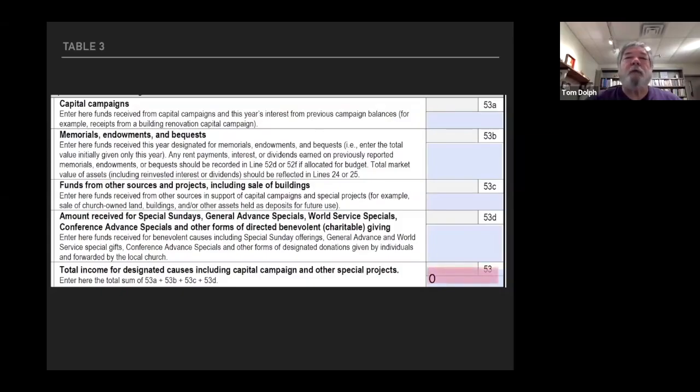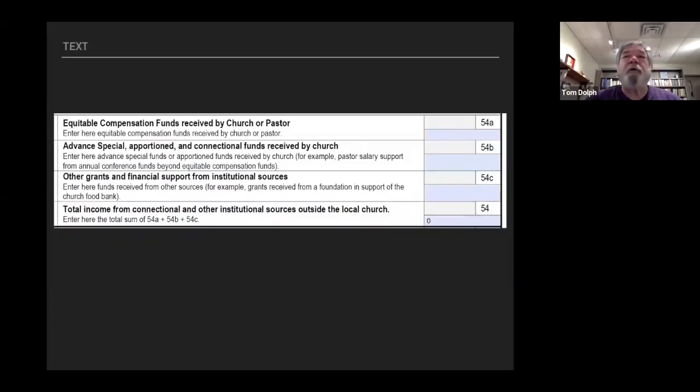And then again, the total of all income, this amount should match that column on the fund balance report. And there is one more category of income. Most of you do not have these.